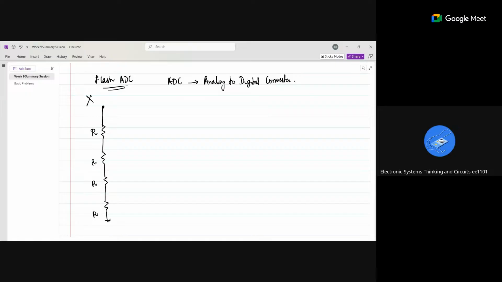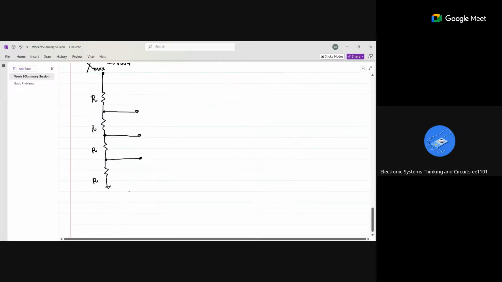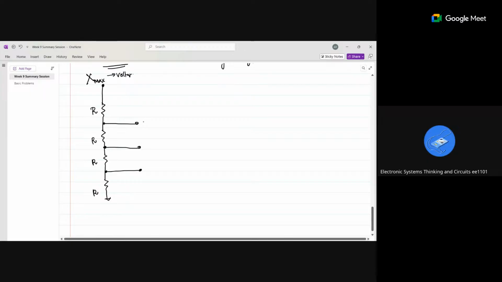So there is an X max. I'm taking this X max as a voltage value, and I'm going to consider 3 levels. How to find this value? I'm assuming all the resistances are R, that is, the same.